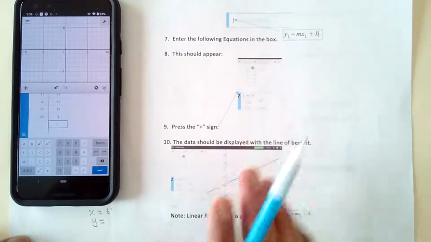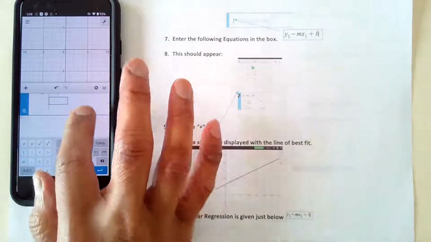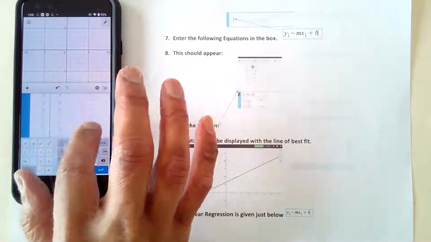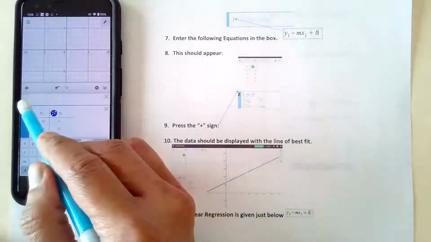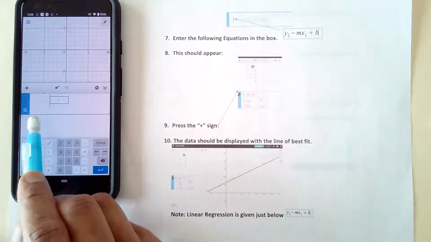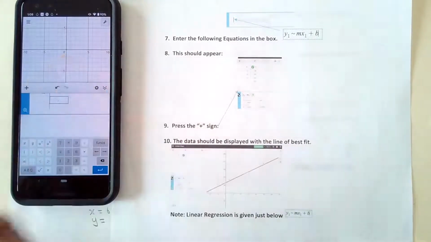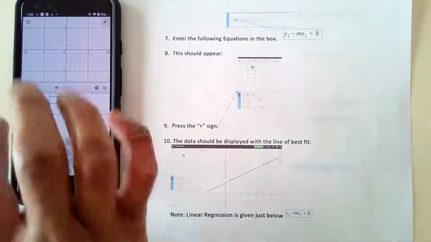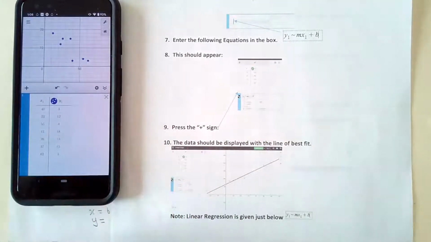Now I'm going to go up here, and you may have to move up to see line 3. Now line 1 is here. I could have gone to line 1, but I went to line 2. It doesn't matter. By the way, if I tap this plus sign here, I'll see my scatter plot. Oops, here we go. Here's my scatter plot.